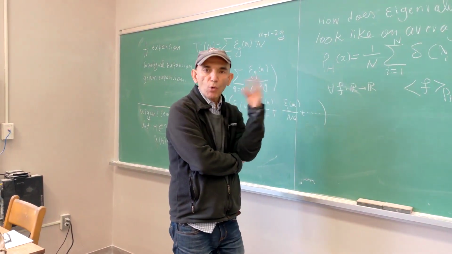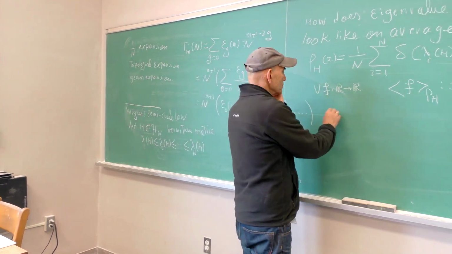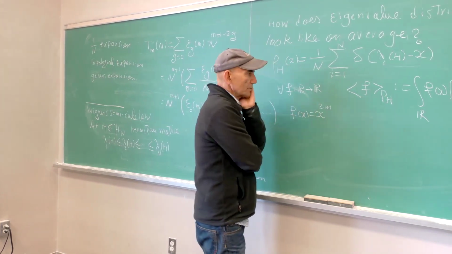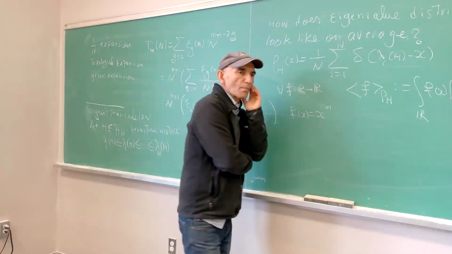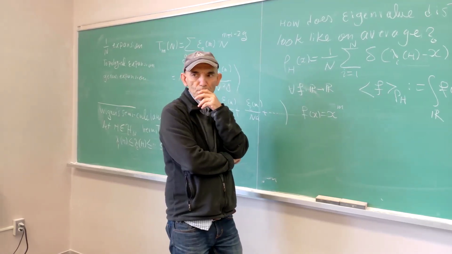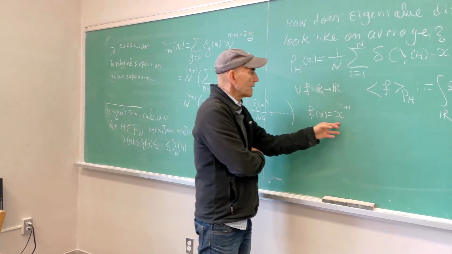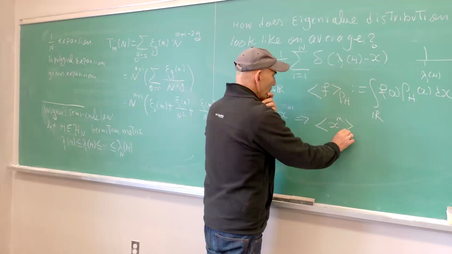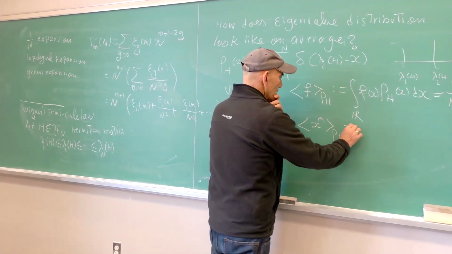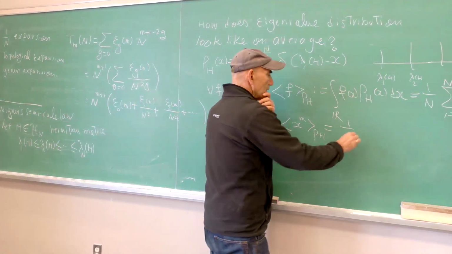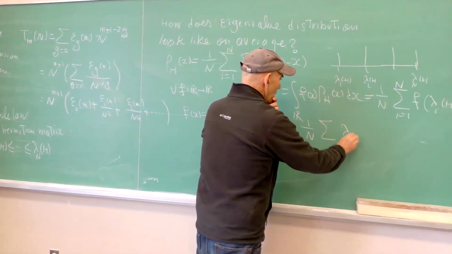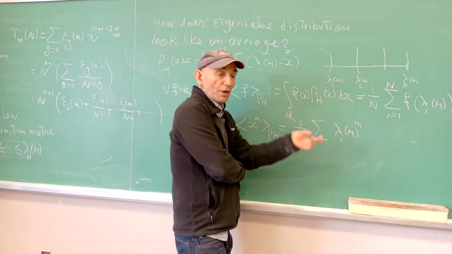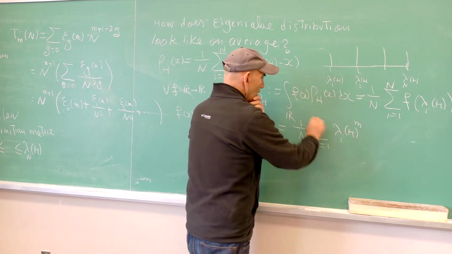In particular, I can look at the moments of this. Say x to the m, it doesn't matter. If you look at x to the m, then we get the integral of x to the m rho H equal to 1 over n sum of lambda i of H to the power m, i from 1 to n.